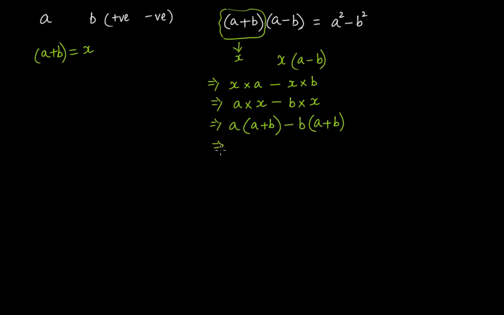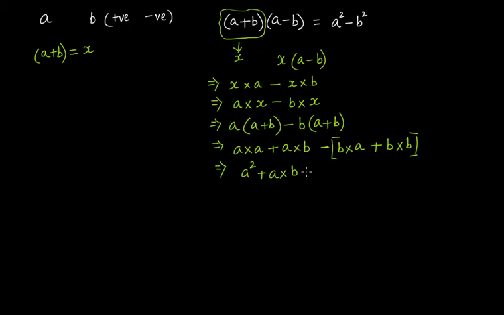From here you get a times a plus a times b, the distributive property of multiplication over addition, then minus b times a, and plus b times b, again the distributive property. From here you get a squared plus a times b.